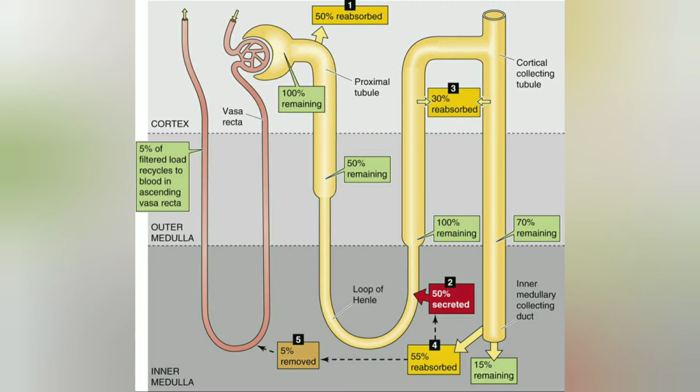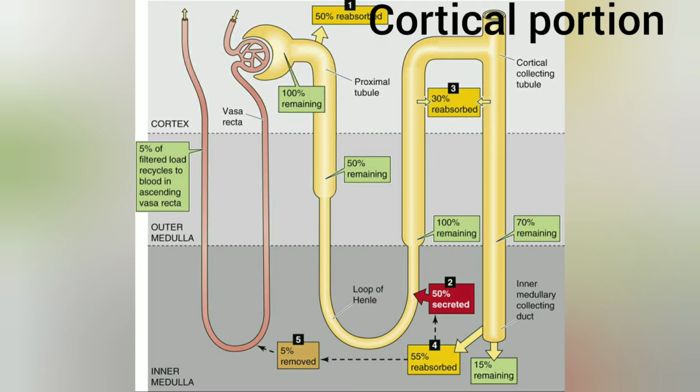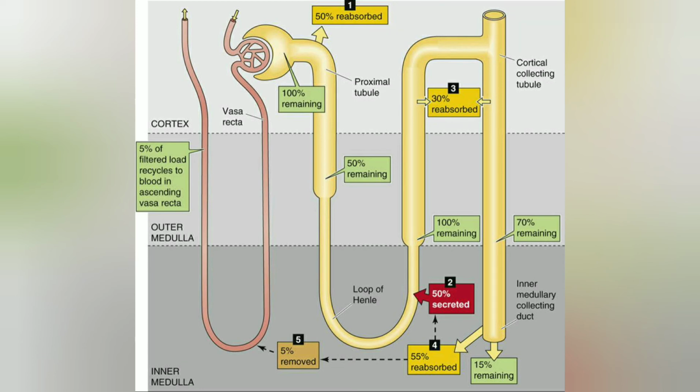This urea cannot pass out from tubular fluid while flowing through the thick segment of the ascending limb. Here the DCT and cortical portion of the collecting duct are impermeable in this region, so they do not allow urea to go out.